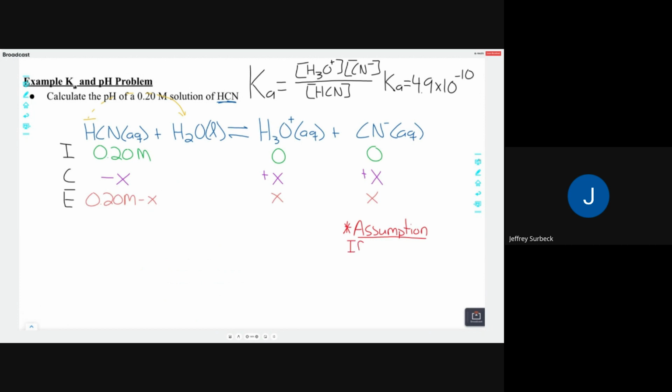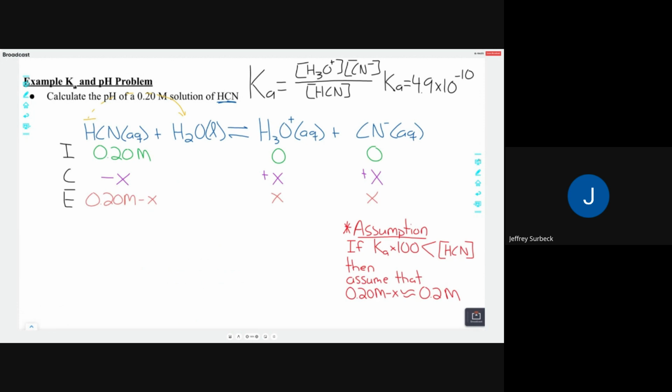If we take our Ka value times 100, and it is smaller than our concentration, in this case of our acid, which is HCN, then we can assume that the 0.20 molar minus x is such a minute difference that essentially 0.2 minus x would just be 0.2 molar.